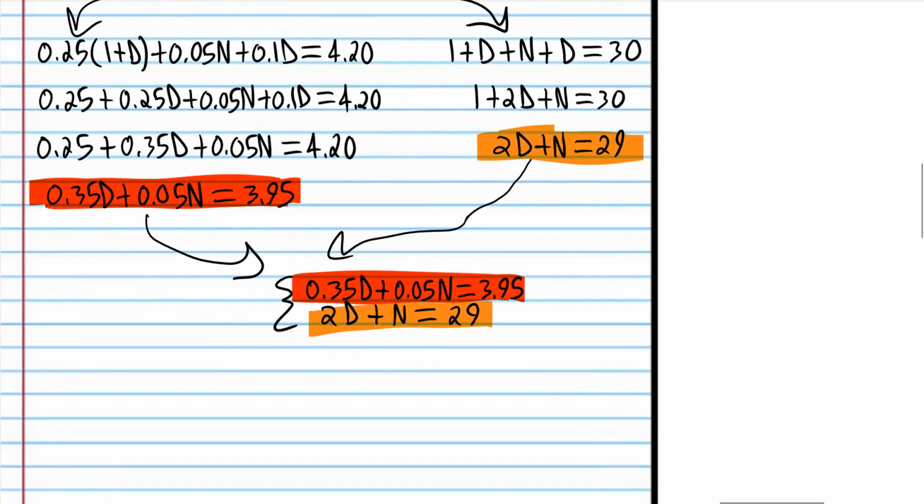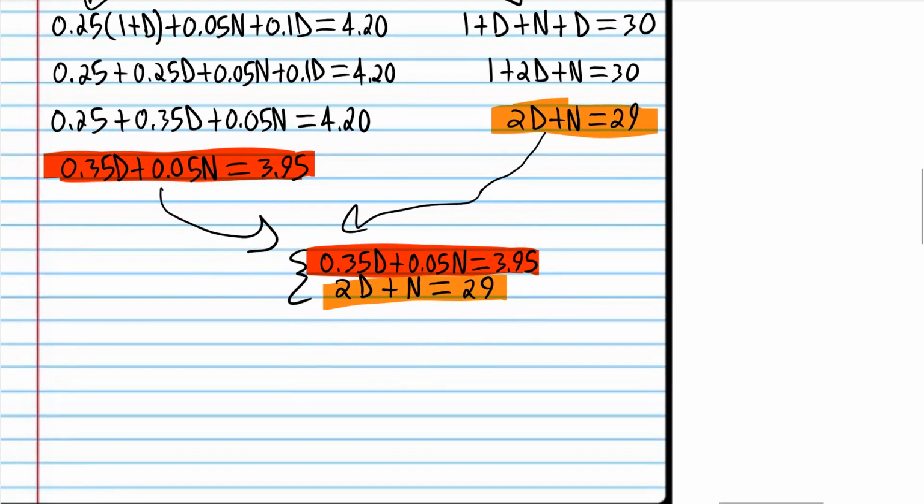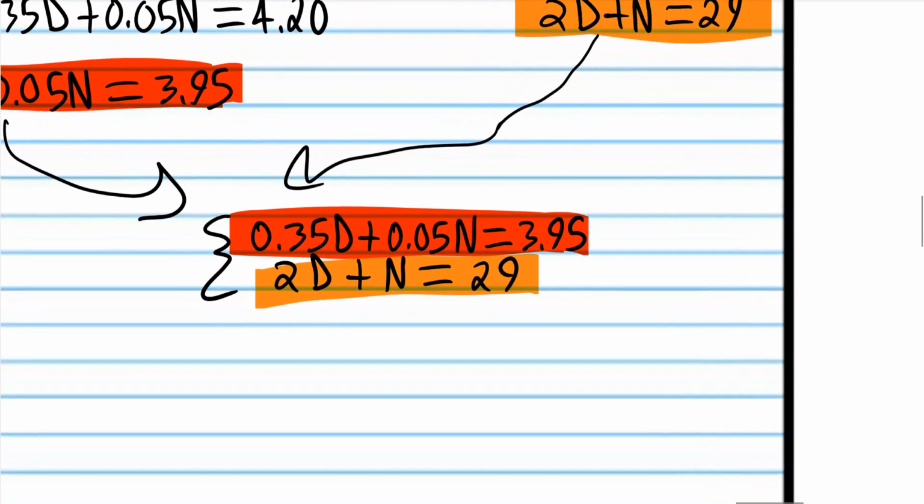And I'm going to solve that system, and I'm going to use elimination because there's no variable that's solved for in these equations. So I'm going to multiply both sides of the bottom equation by 0.05. There's a lot of different ways you can do it. So I'm just going to rewrite the top equation because I'm not going to change that equation.